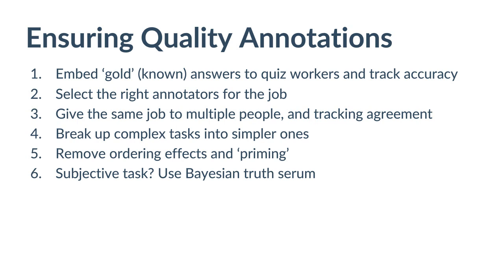For example, if someone's looking at the same category 20 times in a row, they might be primed to mislabel something in that category on the 21st attempt. And then third, if you have a somewhat subjective task or a task where you think a worker might be biased towards the answer they think you want, Bayesian truth serum, which is one of my favorite topics in annotation, is a strategy there. I'd encourage you to read more about this.